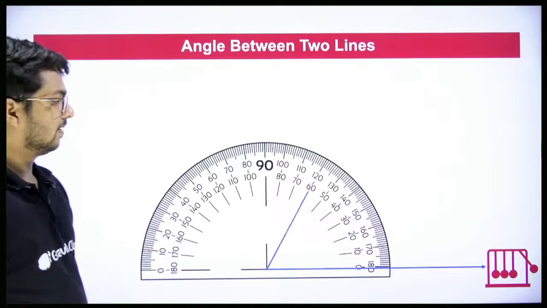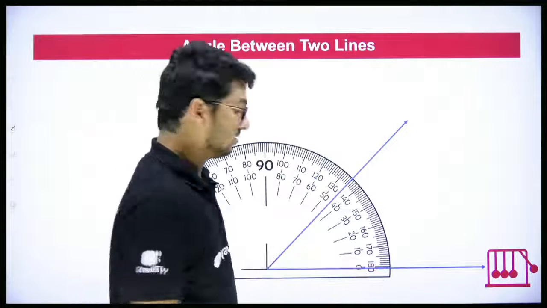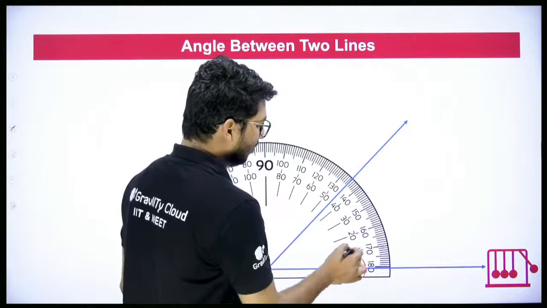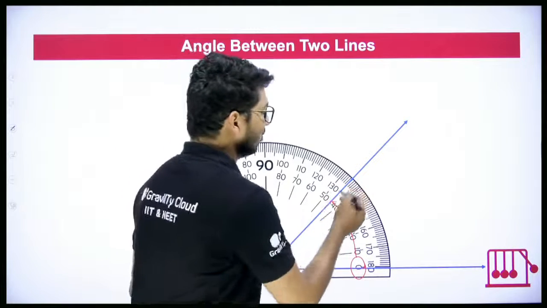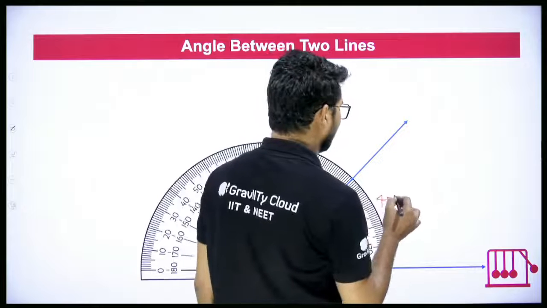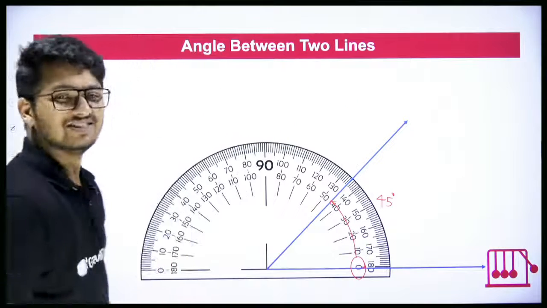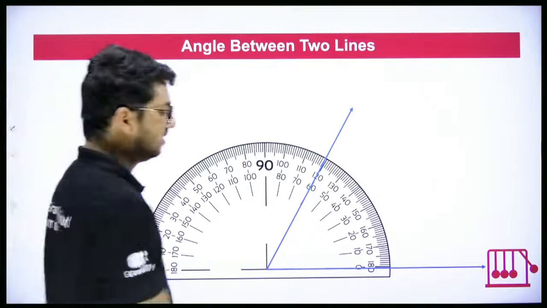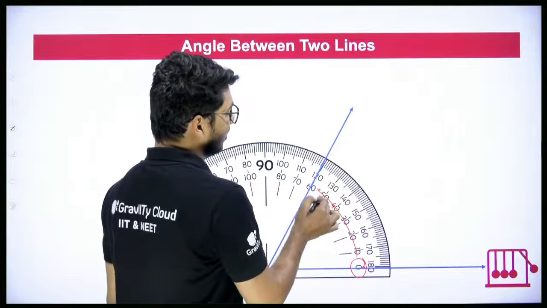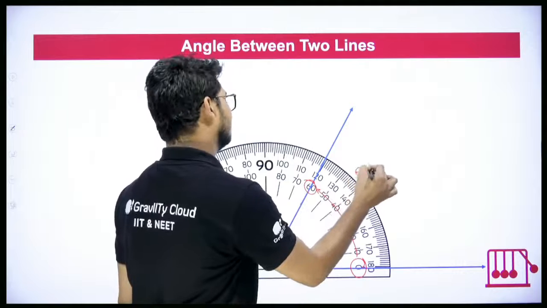Got it? If I take these two lines, we are starting from 0, but we are going to where? Between 40 and 50. And if you count the divisions, you will get that as 45 degrees. Then here see, 0 to what? 60 degrees.